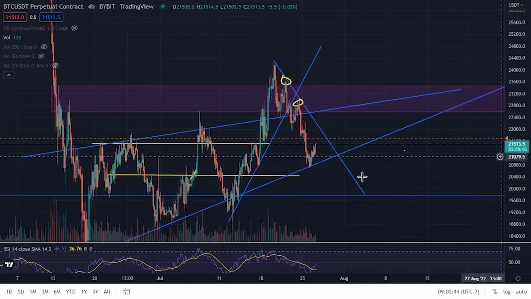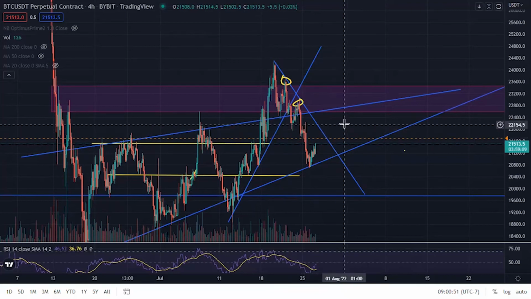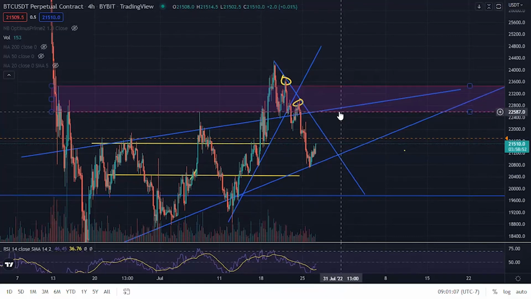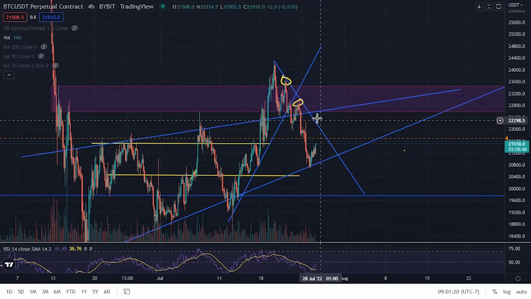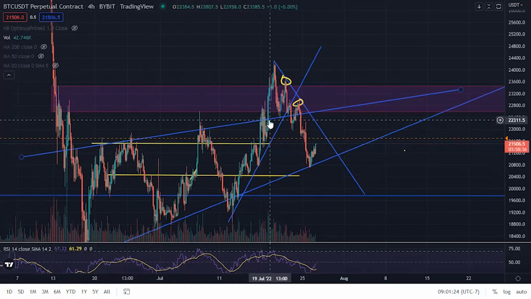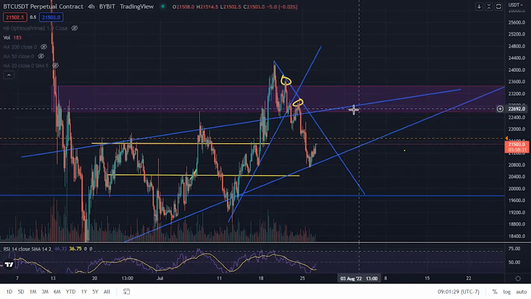Now, however, if we end up actually not getting rejected from this downward trend line, then I expect the price to start going all the way to the next resistance, which is around 22,500. And this would be another good area to short Bitcoin, just because one, it's a horizontal resistance, and two, it is also a vertical resistance here on the 4-hour time frame.